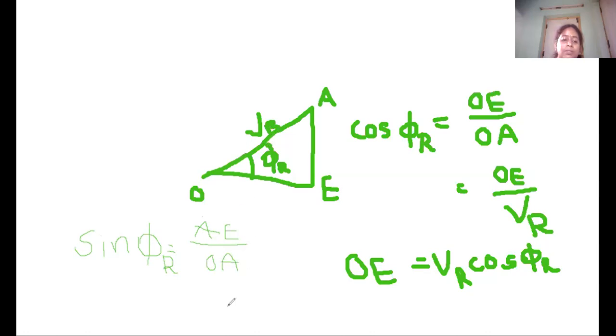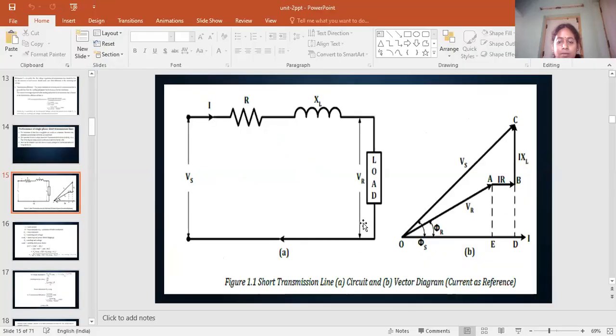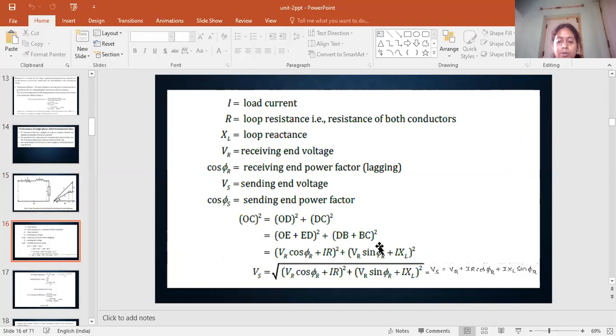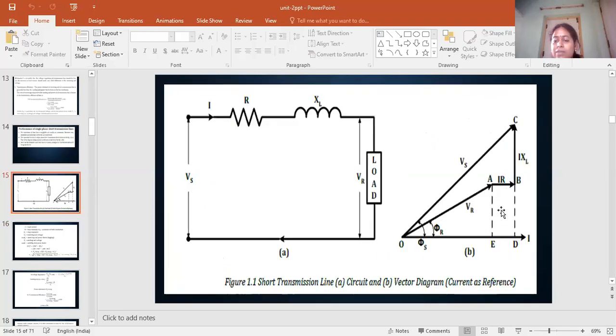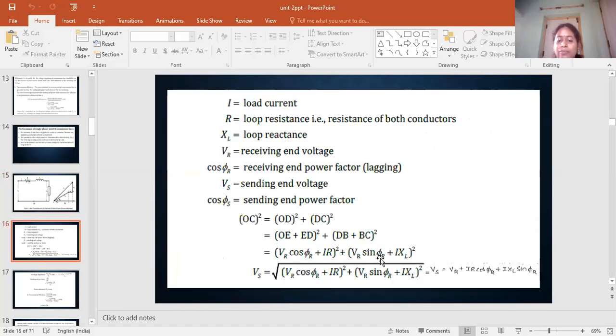That OA value substituted here, we can get the value of AE. AE equals Vr sine phi r. AE equals BD. So in place of BD, we can write the value of Vr sin phi r, plus BC.